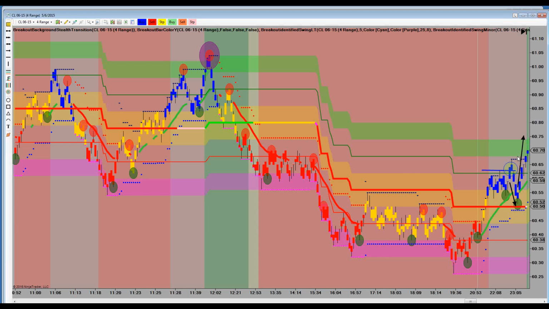Now, you've heard me say this just a few minutes ago. Just because this happens does not necessarily mean that we're going to get the follow through that we're looking for. However, we are now going to be trading the long side, looking for pullbacks into support to buy to get in this move.